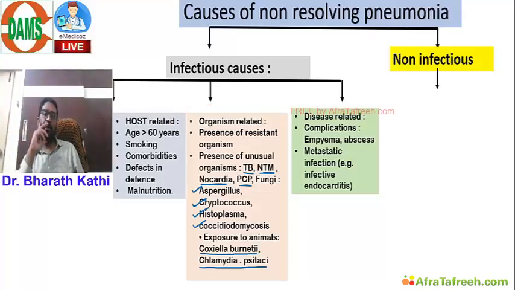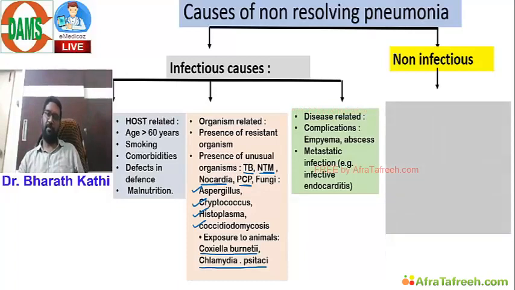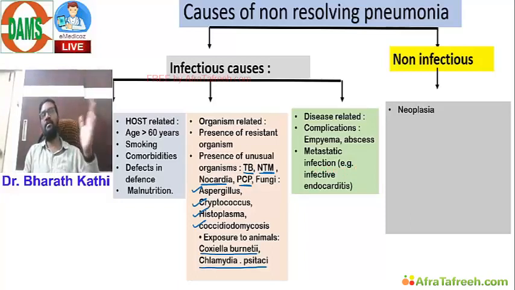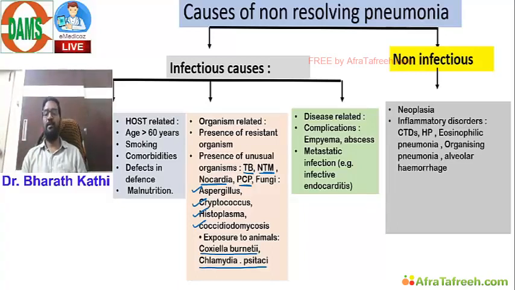Then coming to non-infectious causes of non-resolving pneumonia. You should rule out the possibility of any malignancy. A few malignancies can present with collapse, and later that area can get infected, resulting in consolidation, fever, cough, all those. Any chances of inflammatory disorders, connective tissue disorders, hypersensitivity pneumonitis, eosinophilic pneumonia.